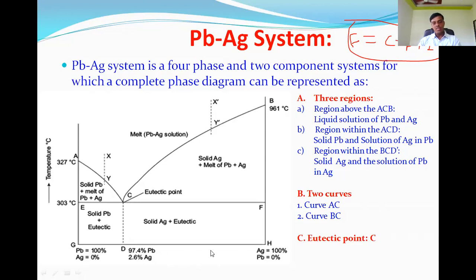Moving from here to here, lead gradually decreases in the solution and the proportion of silver increases. At the extreme right, there is 100% silver. On the extreme left, there is 100% lead. That means AC represents the freezing point of whom? Lead.